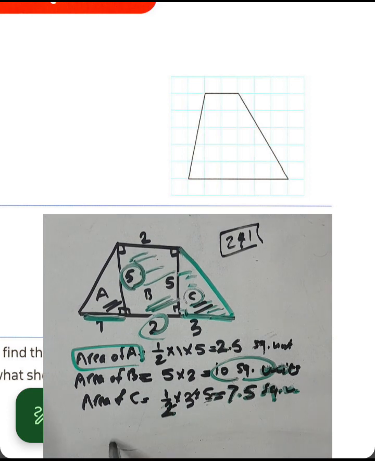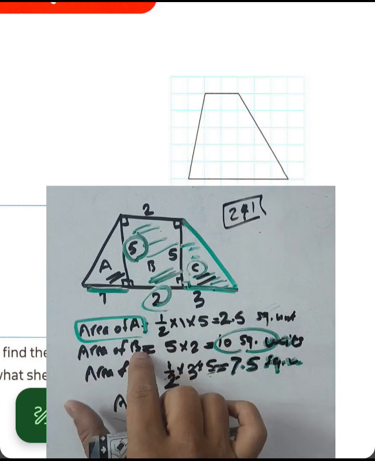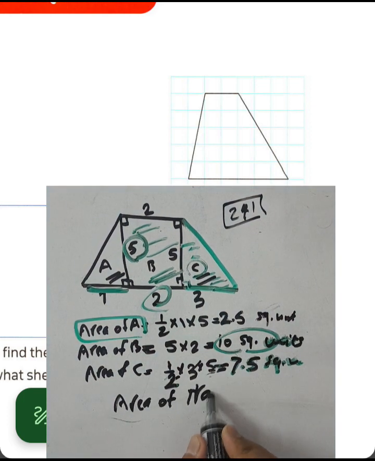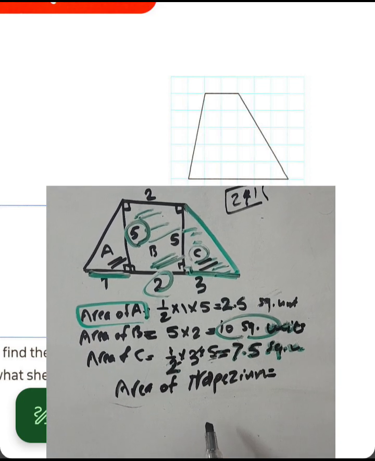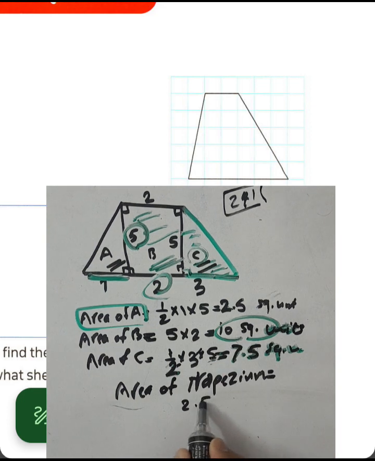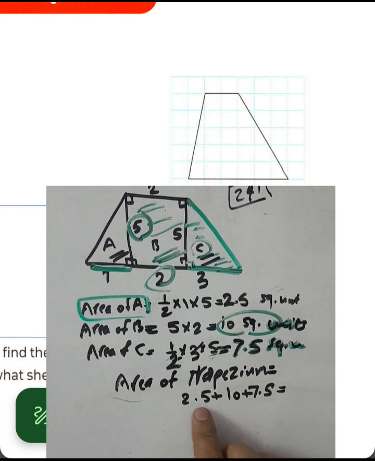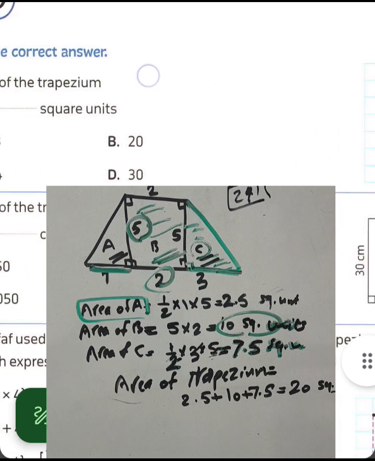Then we can find the area of this trapezium by adding area 1, area 2, area 3, A, B and C. We add them: 2.5 plus 10 plus 7.5. 7.5 plus 2.5 is 10, 10 plus 10 is 20 square units. Okay, that's the area of this trapezium, choice B.